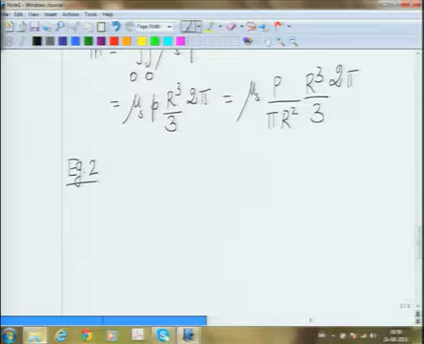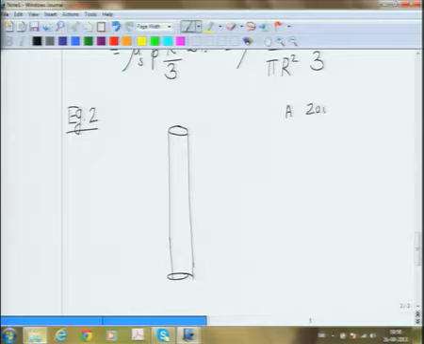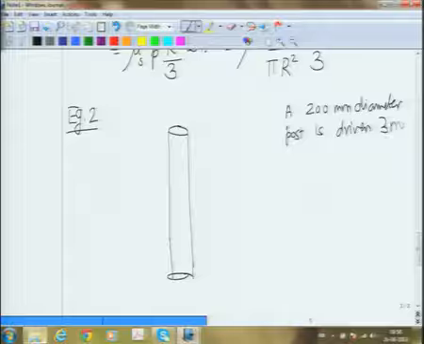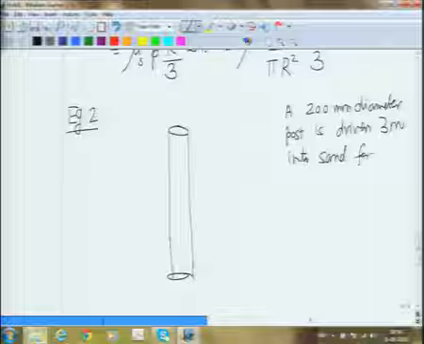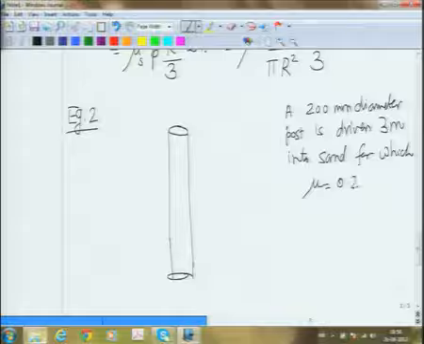Example 1 was this problem. Here what we have is a 200 millimeter diameter post is driven 3 meters into sand, for which mu is equal to 0.2.